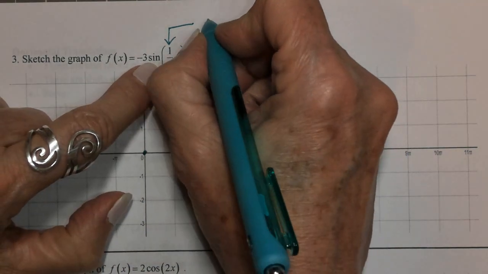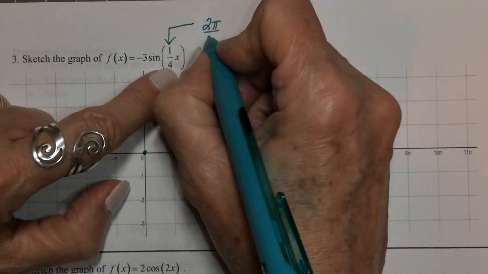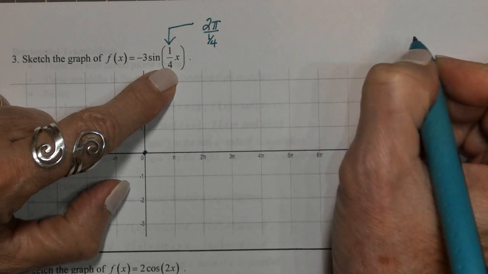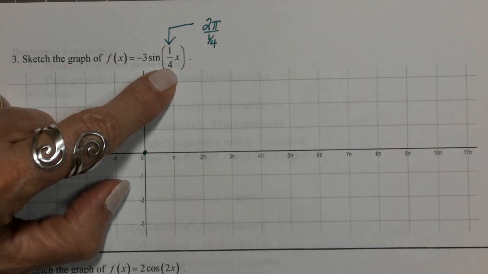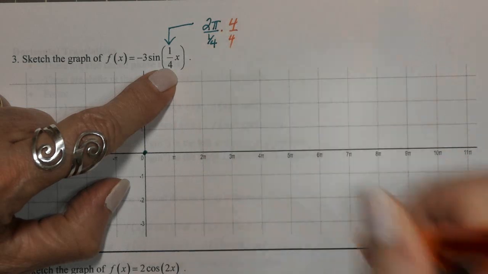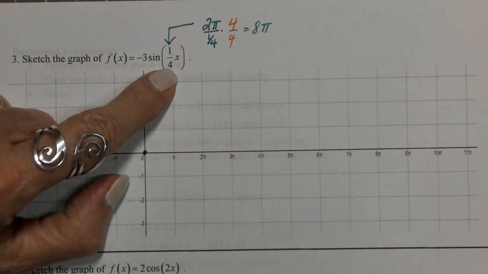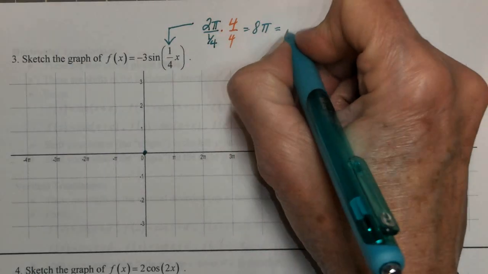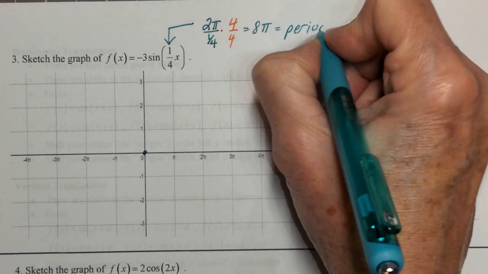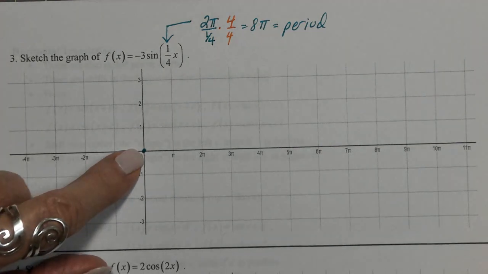But let's think about the period, that 1/4. The normal period for sine is 2 pi. We divide by the coefficient to get our period. If I multiply top and bottom by 4, we get 8 pi. That means the period is 8 pi. So I started at 0.